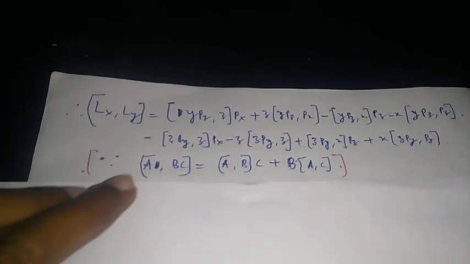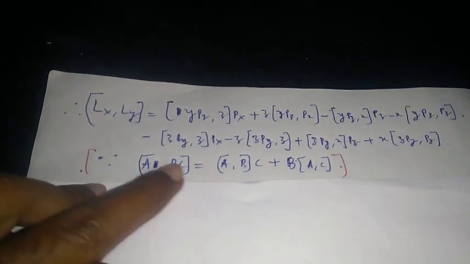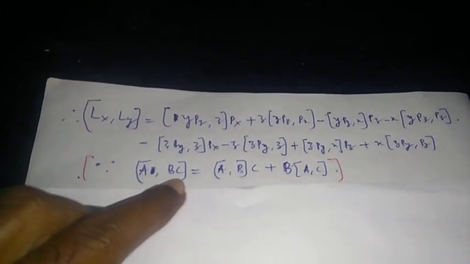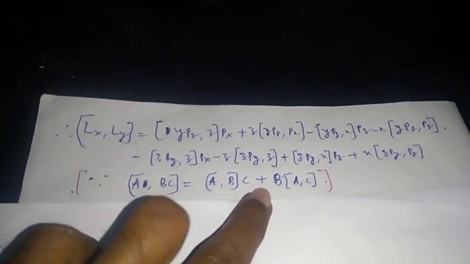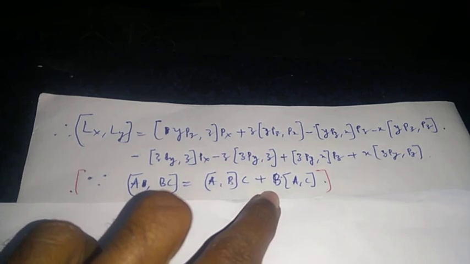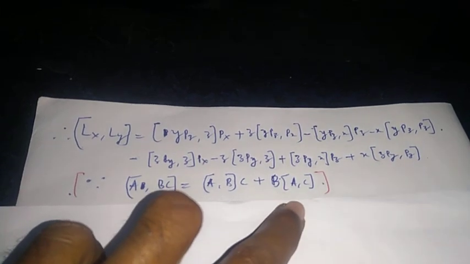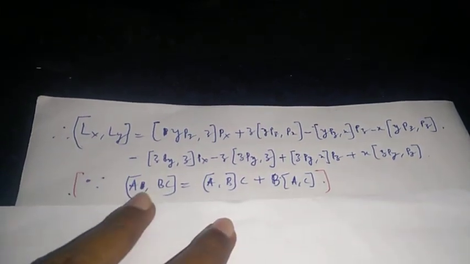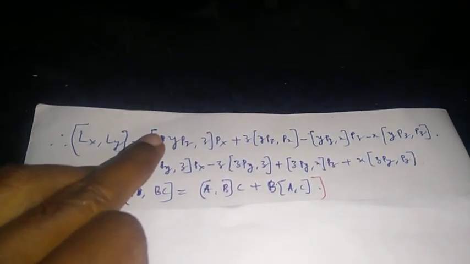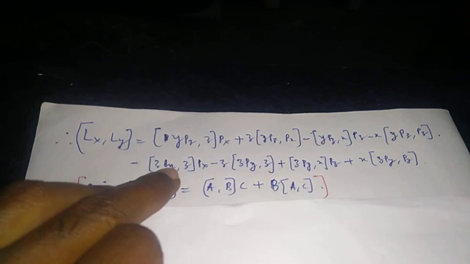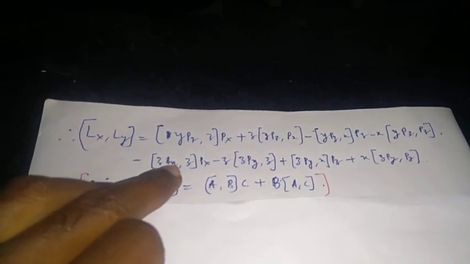And by using the fact that if you have a commutator of a with bc, then we can write it as the commutator of a and b with c outside, and b in front, plus the commutator of a and c. So by using this fact, the commutators on the right hand side, the 4 terms, will now become 8 terms.